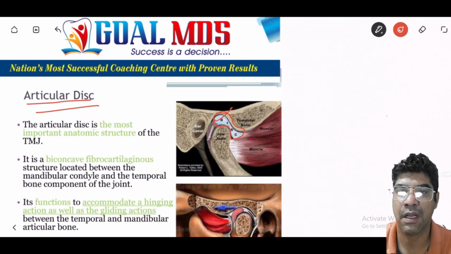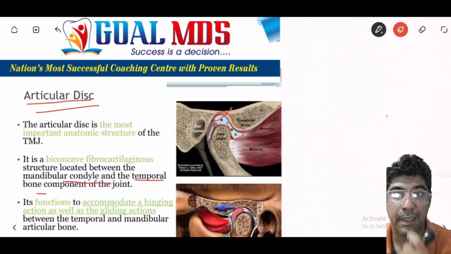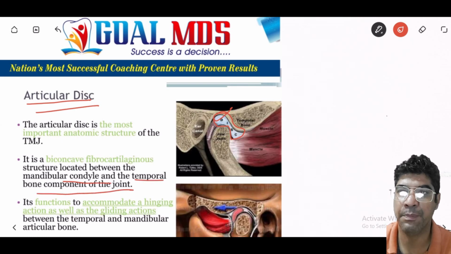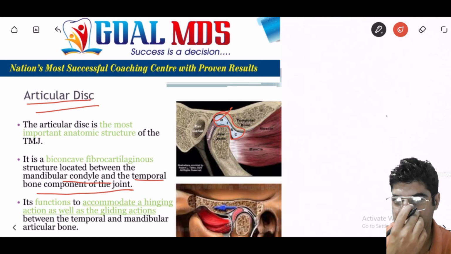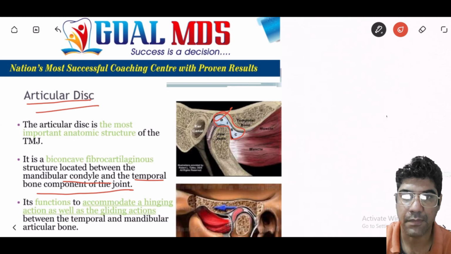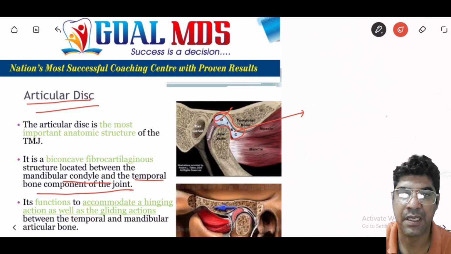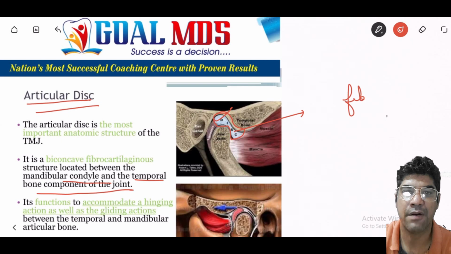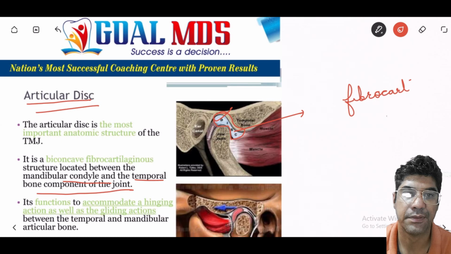Now we discussed the articular disc. The most important component of the TMJ is the articular disc. It is a biconcave fibrocartilaginous structure between the mandibular condyle and the temporal bone component of the joint. It has a curved lens-like shape with both surfaces curved outwards like two sides of a lens.